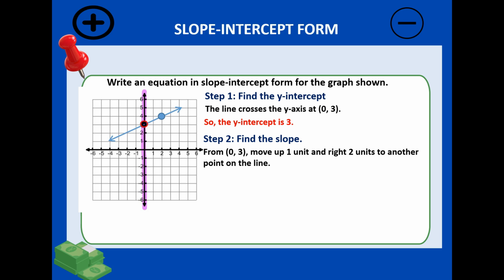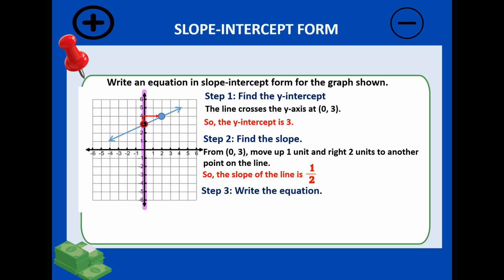This is the rise. And right 2 units to another point on the line, and this is the run. So slope is equal to rise over run. Therefore, the slope of the line is 1/2, 1 rise and 2 run.